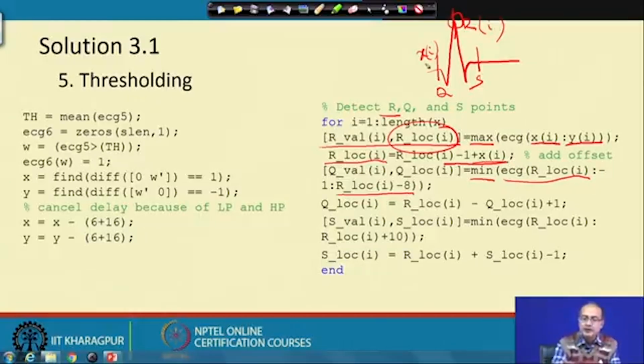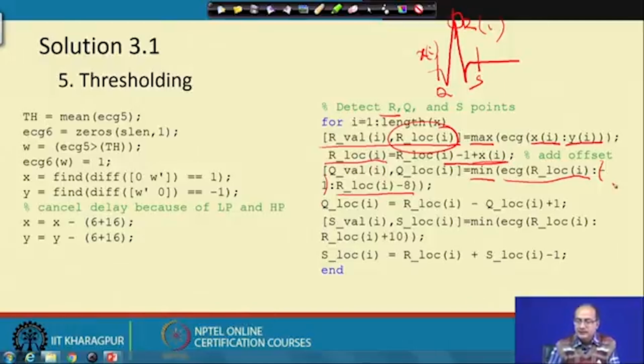Instead of going up to xi, we are limiting the window further, to 8 samples, and here we look at this term minus 1, here we are decrementing.